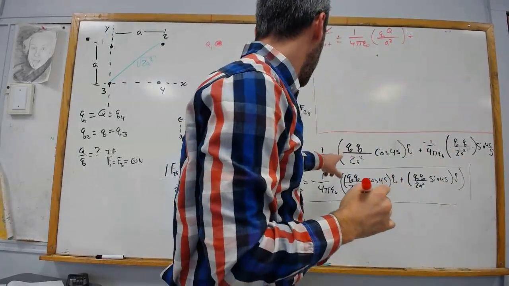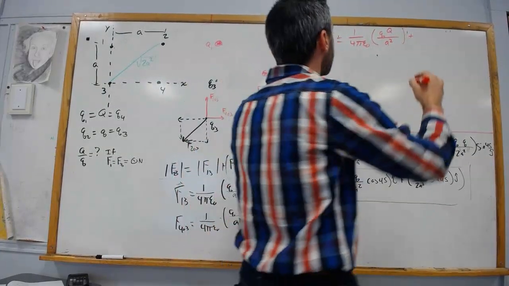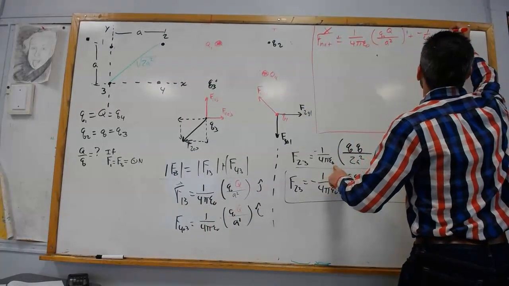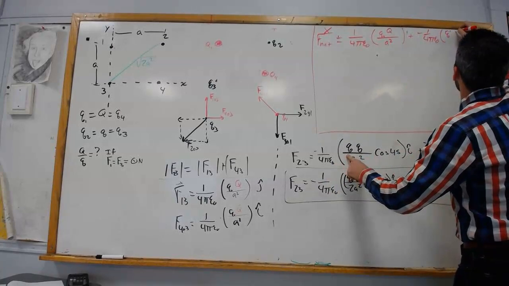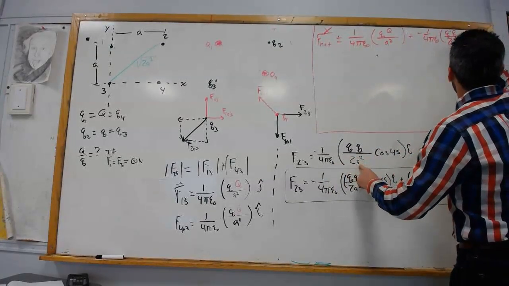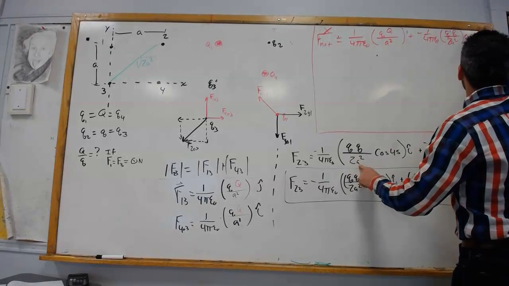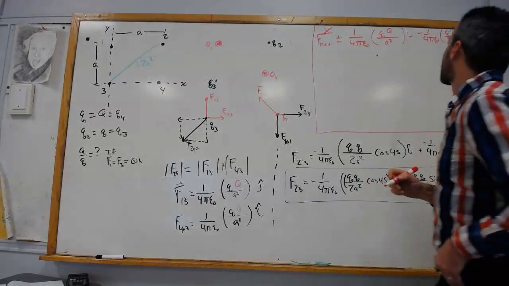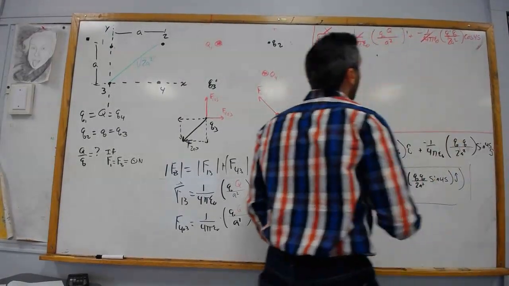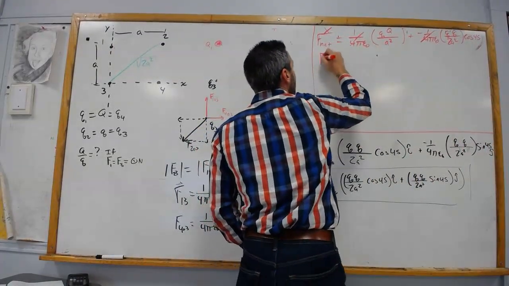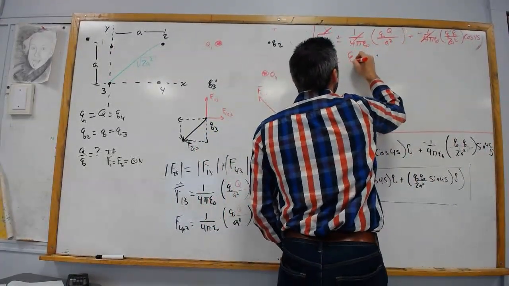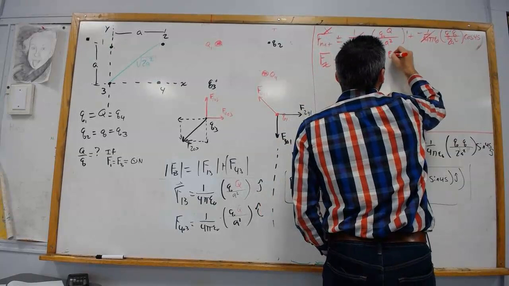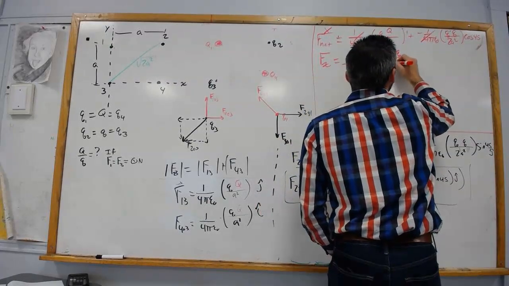Plus this in my i hat component. Negative 1 over 4 pi epsilon 0 times Q over 2a squared times the cosine of 45. That's in my i hat component. We can see that cancels out. So now I have in the x direction, Fx equals Q over a squared plus little q over 2a squared.